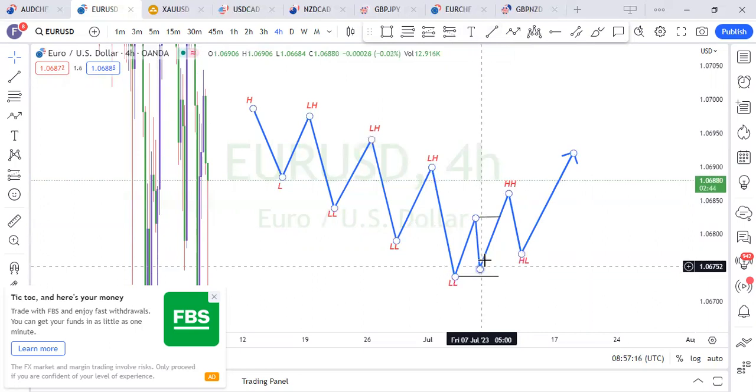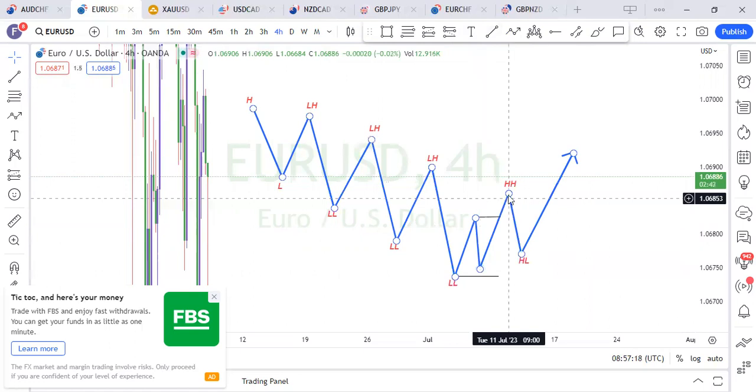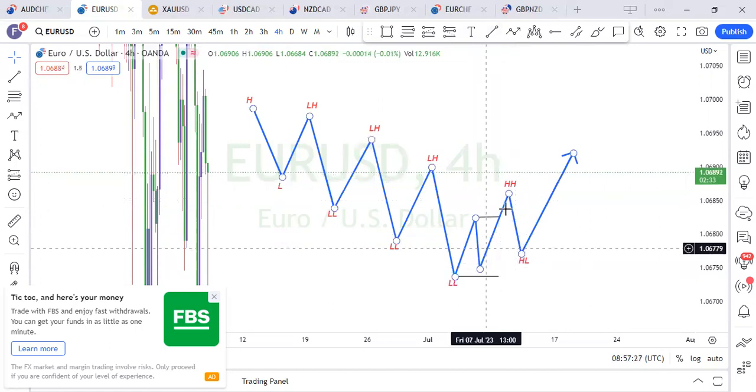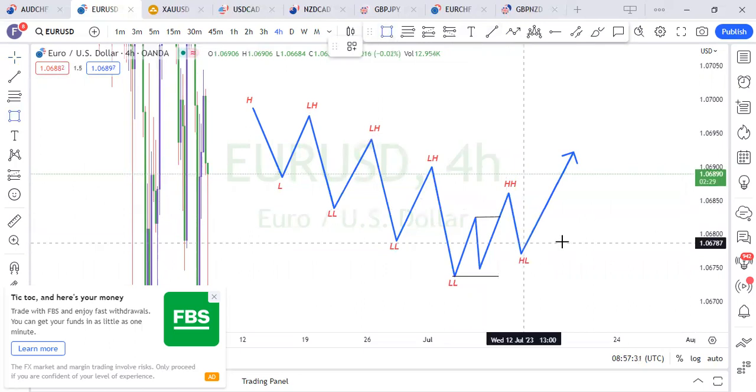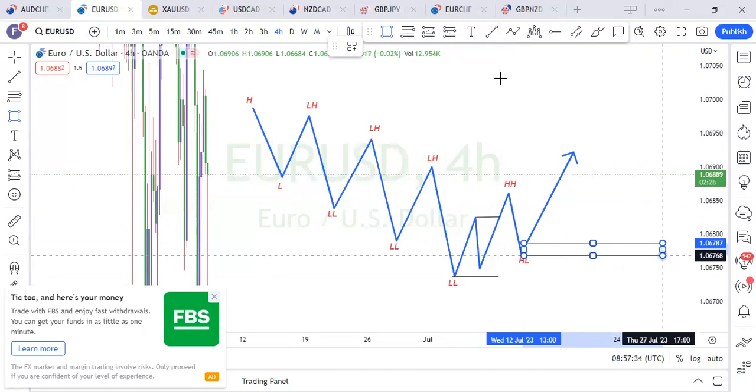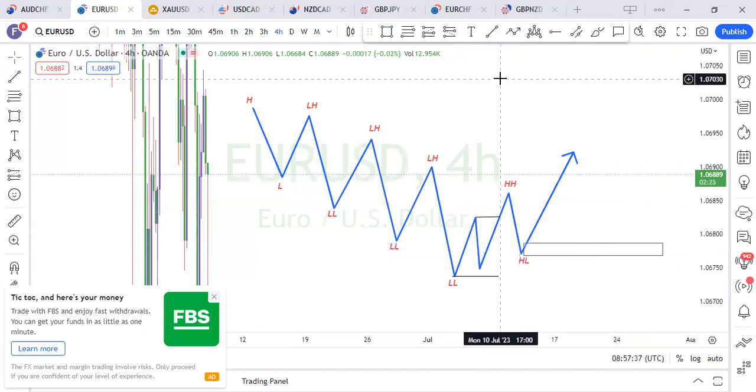This leg printed the new higher high, so you want to see whether it will respect the level that printed the higher high. Once it respects that level, it becomes your area of interest, so you mark this area. This becomes your area of interest for a buy movement to the upside. Does that make sense?